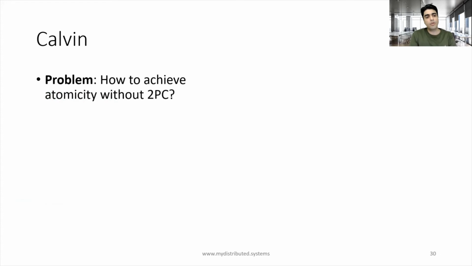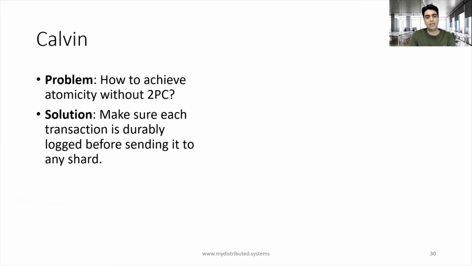So you may ask, what about atomicity? Because 2PC, after all, is an atomic commit protocol, and it seems its main purpose is to provide atomicity, to make sure that a transaction will commit on all shards. How can we provide atomicity if we don't use 2PC? So the Calvin answer is that we make sure each transaction is durably logged before sending the transaction to any shard.